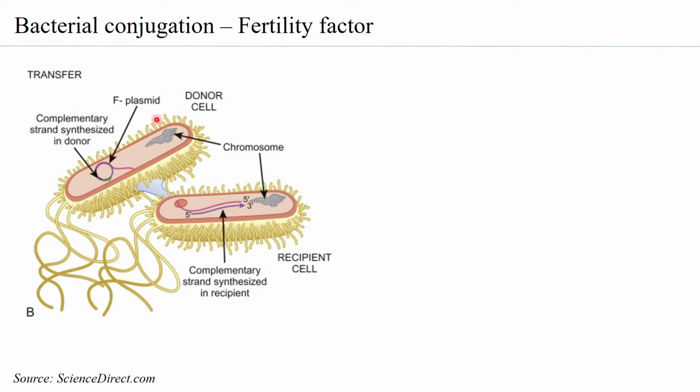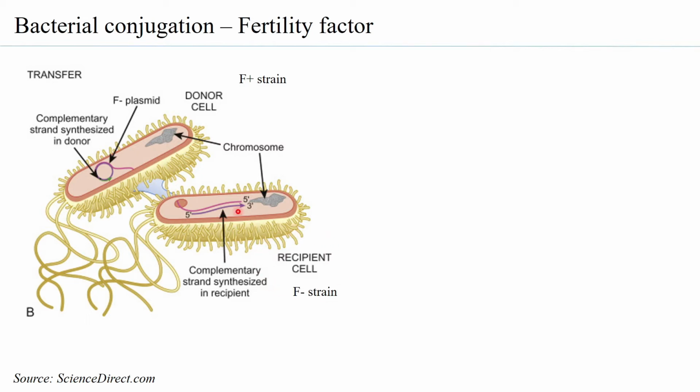The F plasmid, which starts replicating, is able to transfer a copy of itself to a recipient cell, which means a donor cell will always be F plus, that is, it has the F plasmid, and the recipient cell will always be an F minus strain.